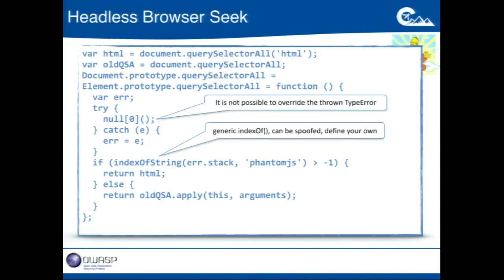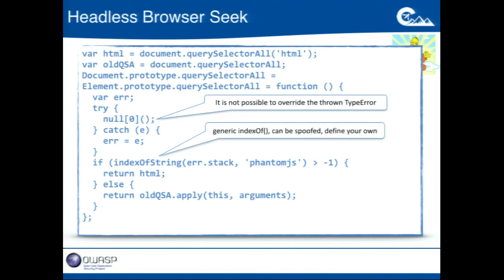The first example is based on the stack trace technique, looking at the stack trace thrown by a JavaScript engine error. It's just a sample example, but you can extend it as much as you want. The first trick is to make Phantom.js execute code that throws an exception. How to do that? Pick some popular API like querySelectorAll or getElementById, something that a Phantom.js script would most likely use in the web page context, and just overload that function.